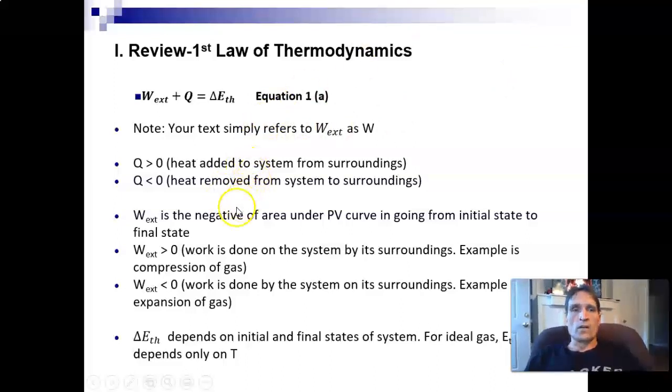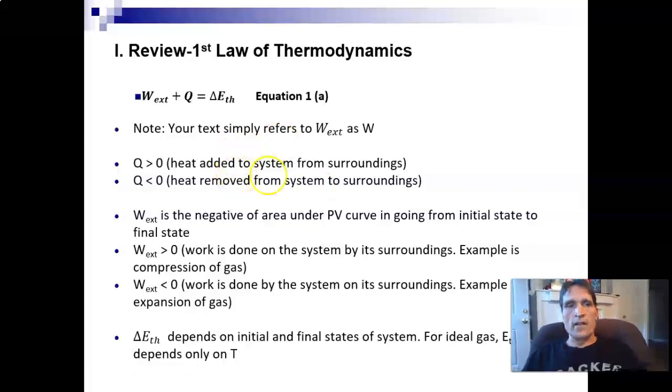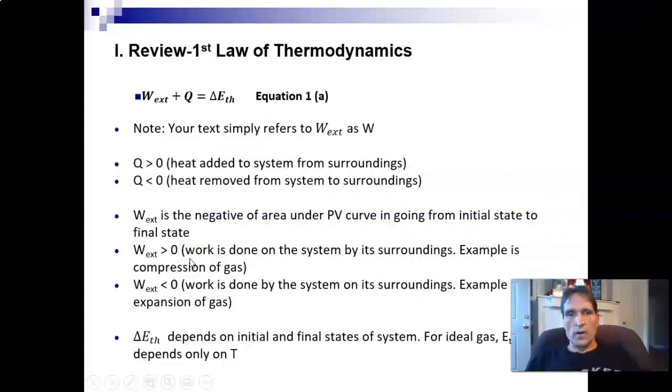And then work, remember external work. To calculate the work done on the system, we can take the area under the PV curve going from the initial state to the final state, and that's W external. And external work is greater than 0, a positive value, if work is done by the surroundings on the system.